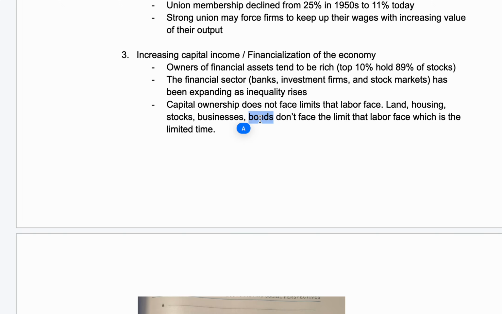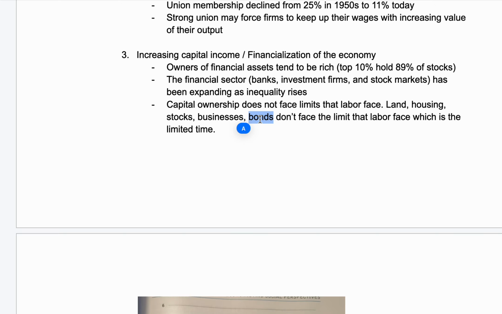You work and you get wages and salaries. That is labor income. Capital income is not wages nor salaries. It is profits. It is rents that you get by letting other people use your houses or buildings or land. It's interest that you can get by having bonds. So capital income comes from ownership of capital.